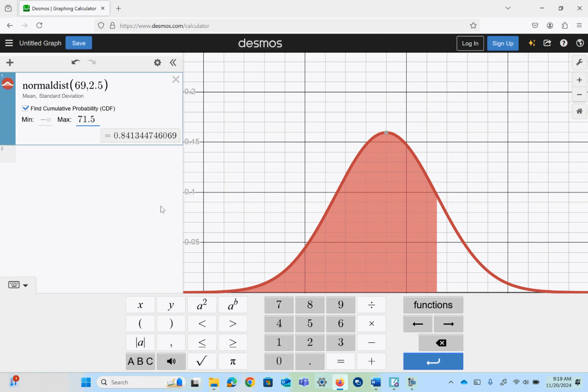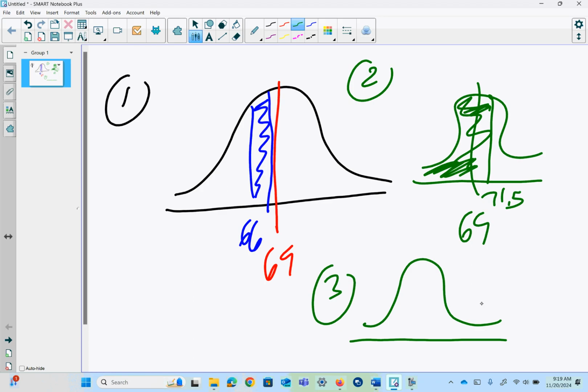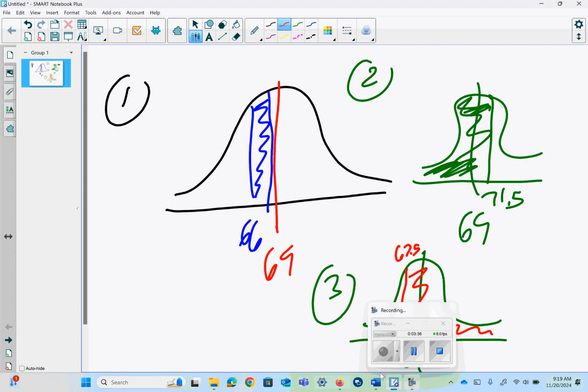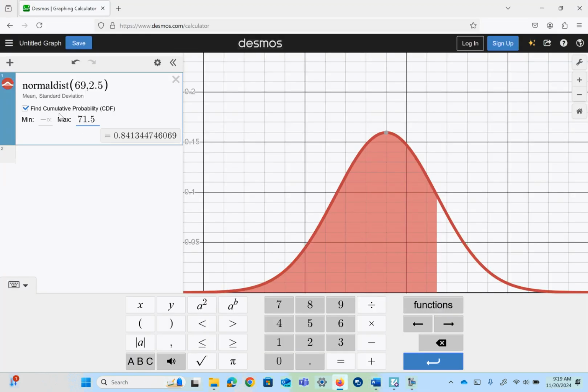And then number three, calculate people that are taller than, so normal curve, 69's here. And then we want greater than 67.5, so this is 67.5. That's all you'd have to show. Notice I'm not grayscaling it. So 67.5 is our lower bound.